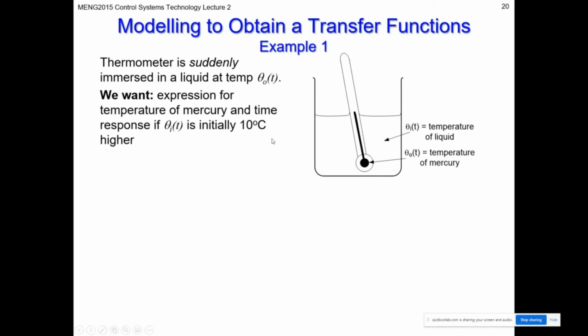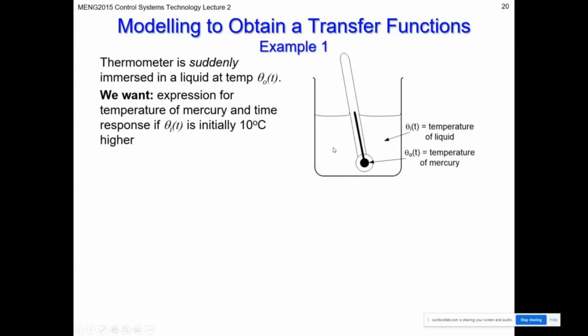And so we're performing an experiment here, and we have the thermometer at a certain temperature. We're going to measure the temperature of the liquid, theta i. The atmospheric temperature, which the mercury was at before, is theta 0. So at the point where you immerse this thermometer into the beaker of liquid, you can assume that the mercury is at the atmospheric or ambient temperature of theta 0.